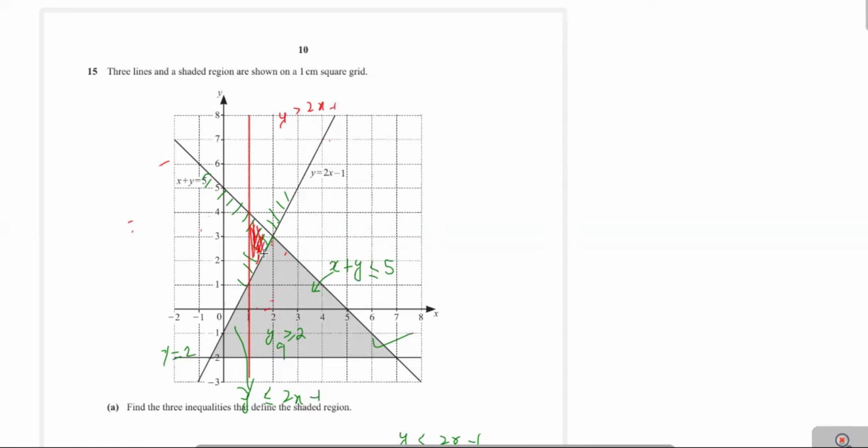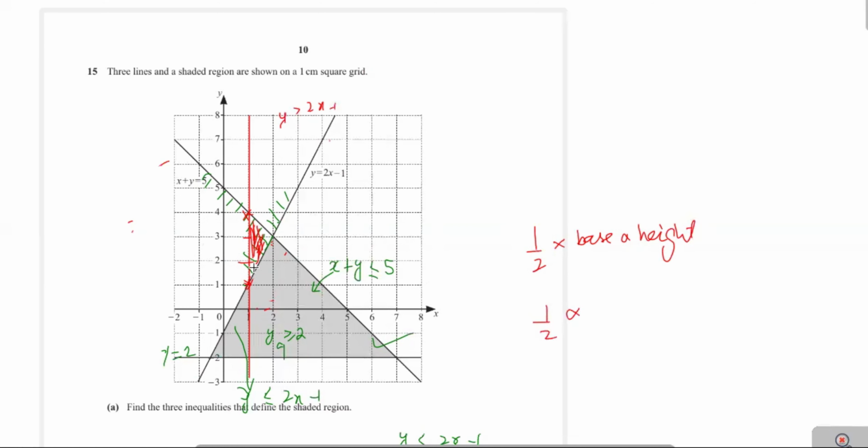Now we have to find the area. The area of this shaded region is 1/2 base into height. This is the base length. Now we mark here that the base length is 1 unit, 2 units and 3 units. So 1/2 base into height is the area of this shaded region.